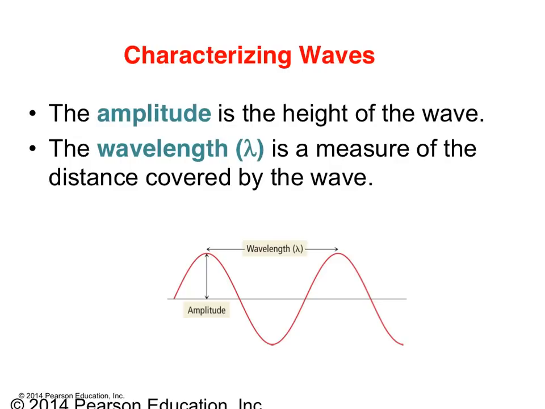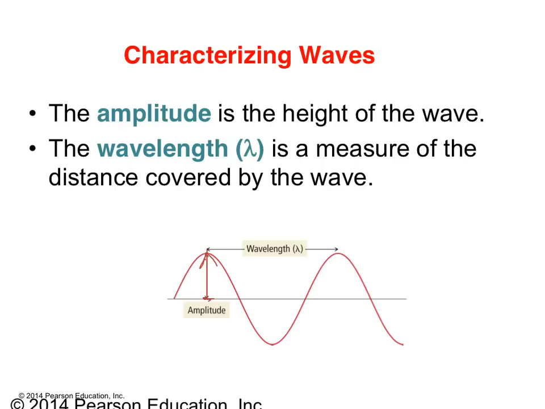Now, when we talk about radiations, when we talk about waves, let's characterize waves. Amplitude is the height of the wave. So, it's the distance between the node to the crest. So, this is the node and this is the crest.